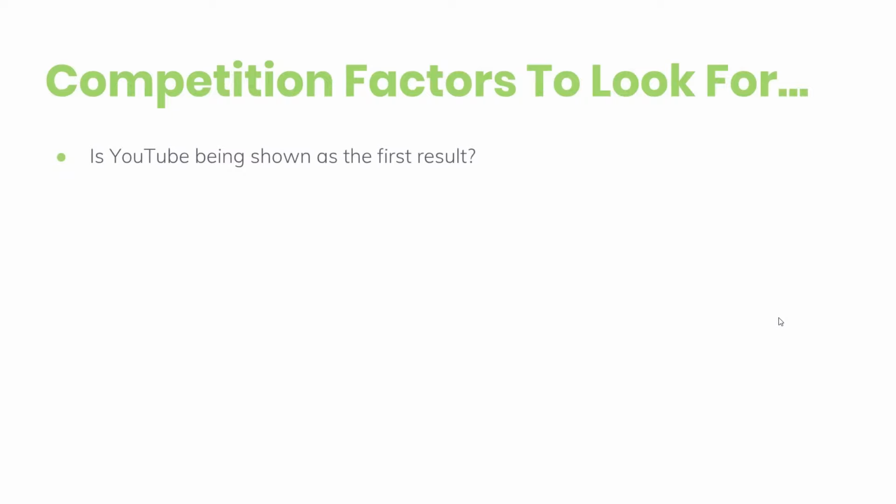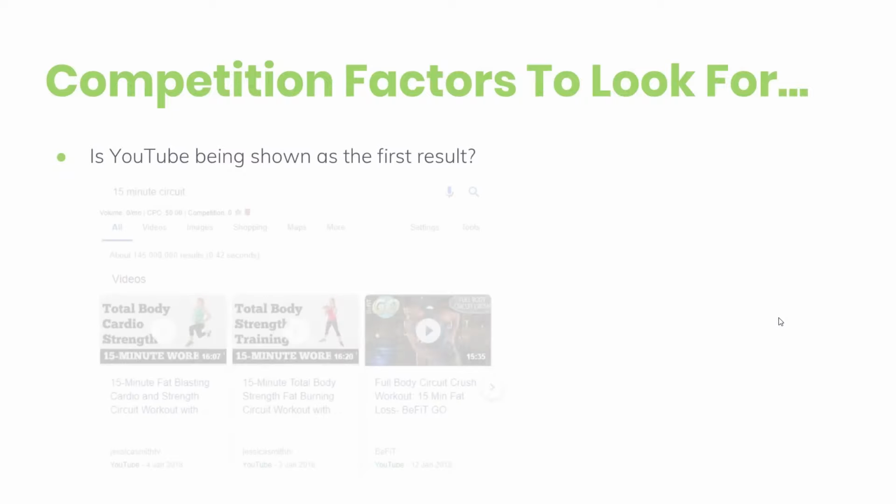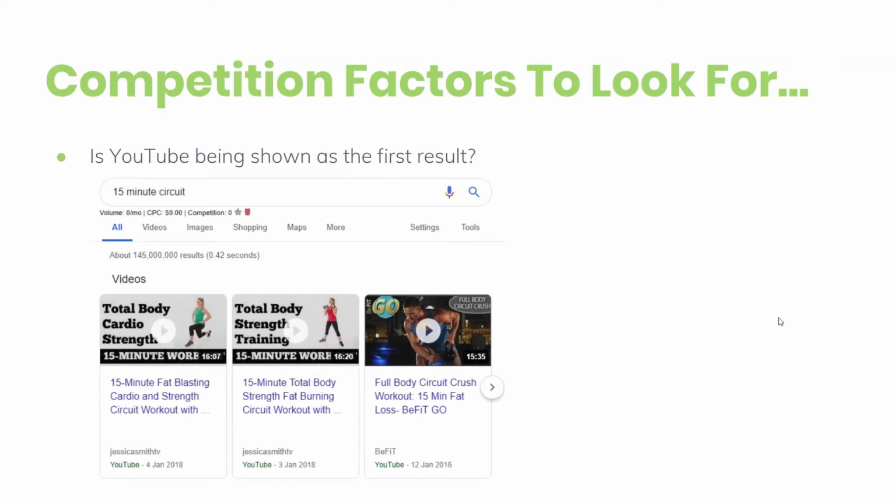And the last one here: is YouTube being shown as the first result? Quite often, depending on what you're writing about or researching, if there is a massive featured snippet of YouTube videos, then that is another warning sign that you might not want to target that particular keyword for a blog post.